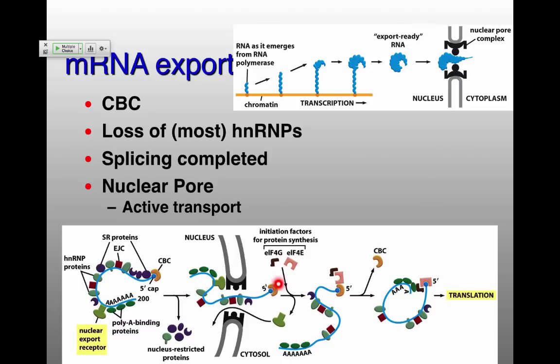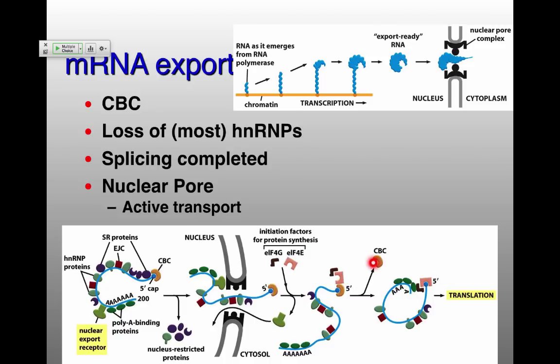Now transport takes place. And this is an active process through the nuclear pore where there are RNA export proteins, shown here as this little mushroom structure, that will bind to properly processed, again, capped, spliced, tailed RNA, and then allow this to be exported into the cytoplasm, at which point this starts to be translated directly.